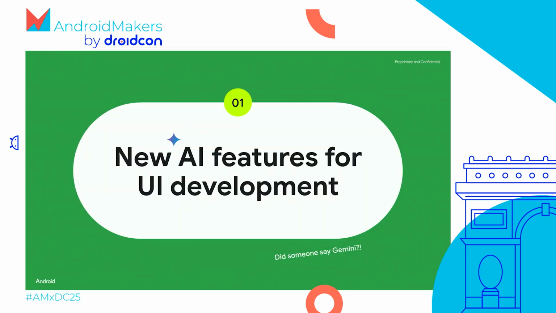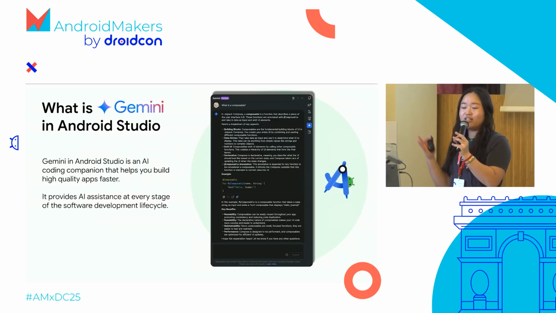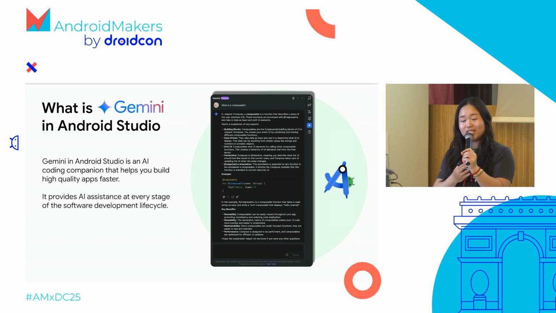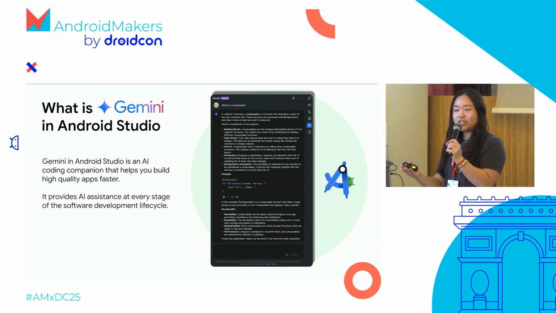All right, so what are some new AI features we want to tell you about for UI development? Before we get started, first and foremost, hopefully you all know what Gemini in Android Studio is. If you didn't, Gemini in Android Studio is an AI coding companion that helps you build high-quality apps faster.